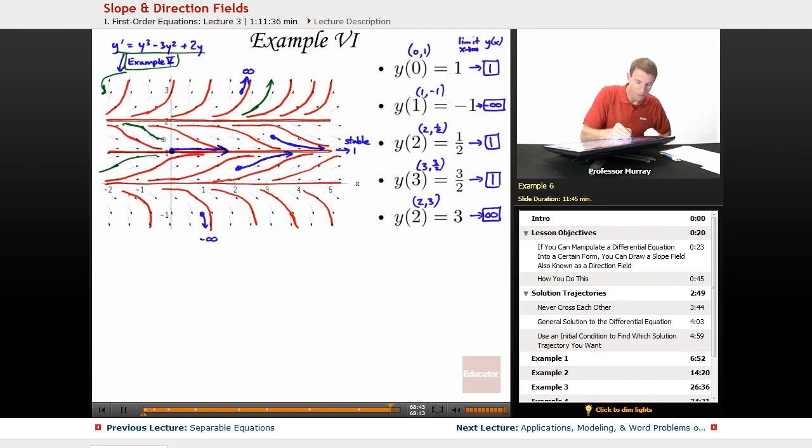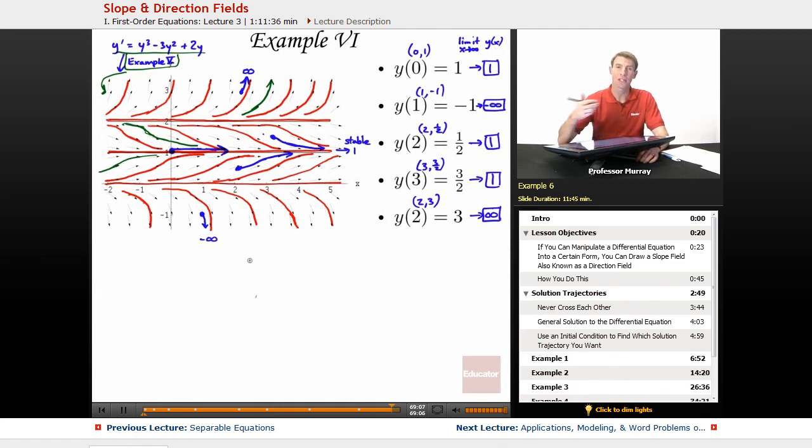So I have to be careful that I don't draw them crossing each other. When they start to get close, they end up becoming almost parallel to each other. They get asymptotically close to each other, but they never cross each other, and they never actually touch each other. So I connected the arrows into these red curves, some solution trajectories.